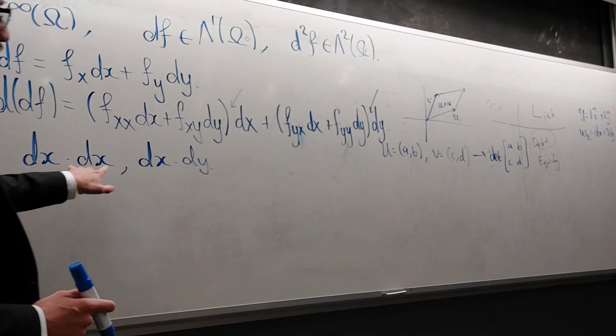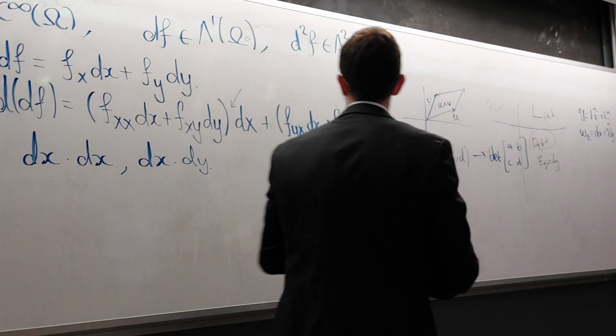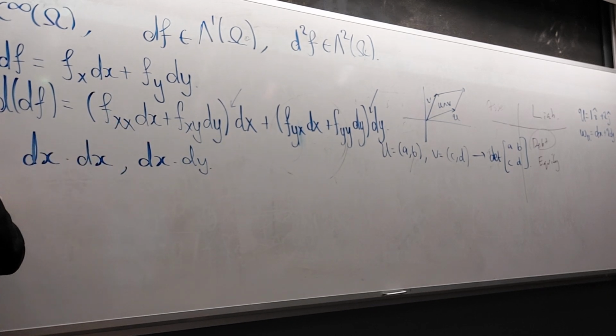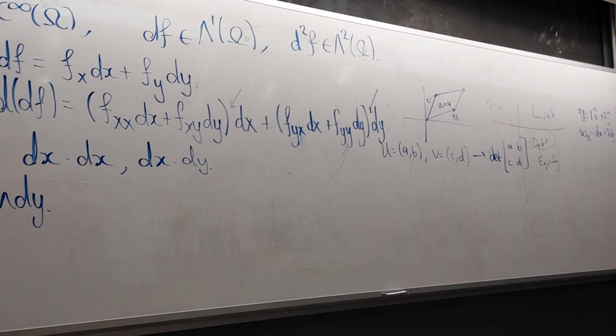So what we're going to do is we're going to have a multiplication which essentially is defined like this. I'm going to introduce an operation dx wedge dy, and it's going to have the property that it assigns, you know, I integrate dx dy, right?